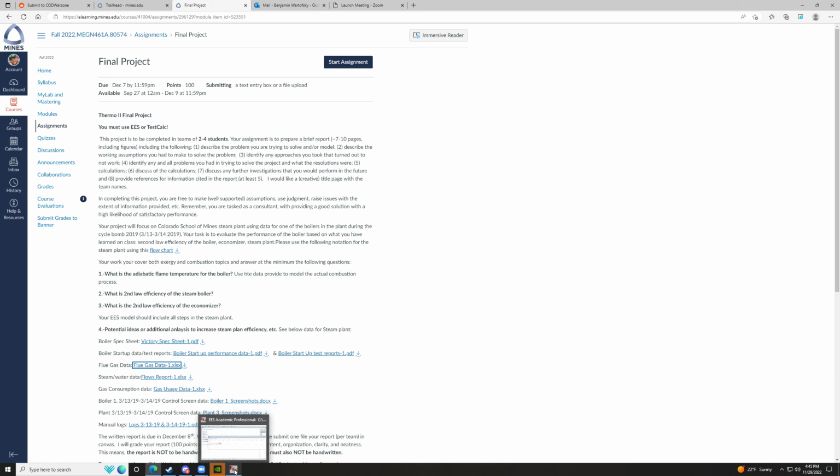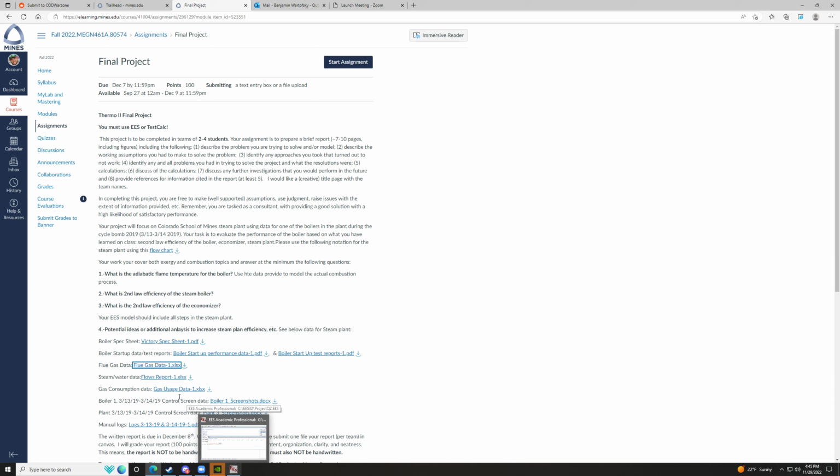One of your feedbacks on an earlier assignment was that we made the assumption of perfect combustion, and you said no, it's not perfect combustion. We were looking at the boiler spec sheet, and it doesn't make sense. It's not showing any unused fuel in the flue or anything like that. It's not adding up.